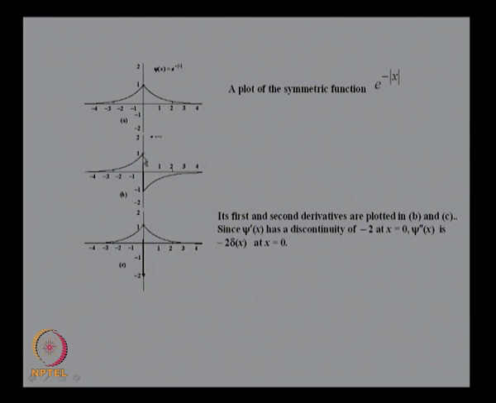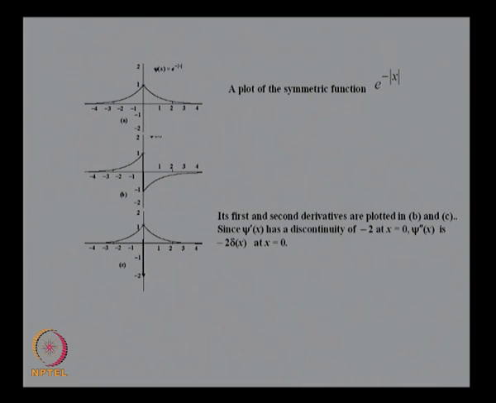If the function has a discontinuity of 1 unit plus, then its derivative is a delta function. But if it is minus 2 units, so psi double prime of x at x equal to 0 is equal to minus 2 times delta x.